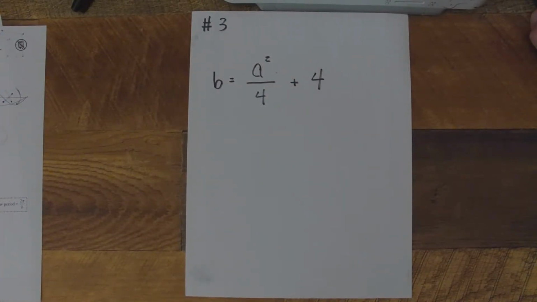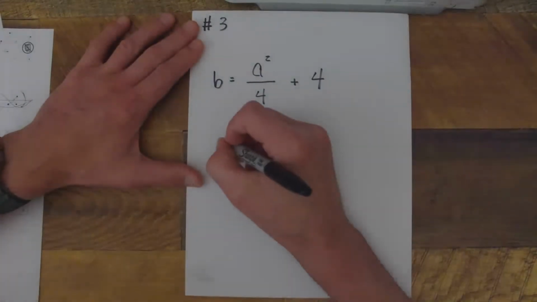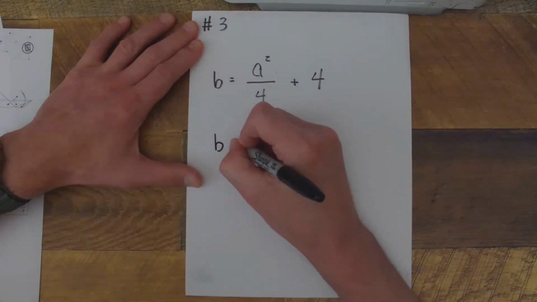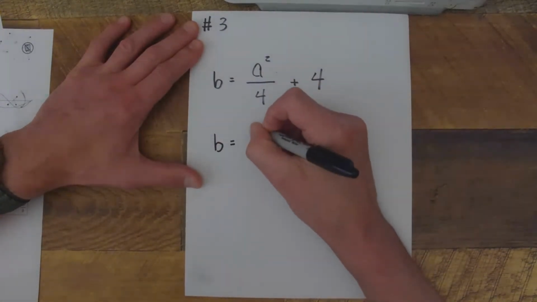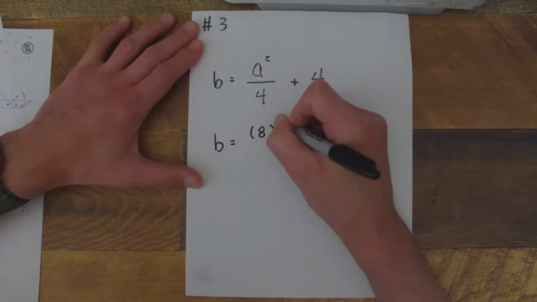Example 3. What does it say for example 3? If a equals 8, what is the value of b in this equation? So they've told us a is 8. So we're going to have b equals, I'm going to substitute. Instead of a, we're going to do 8.